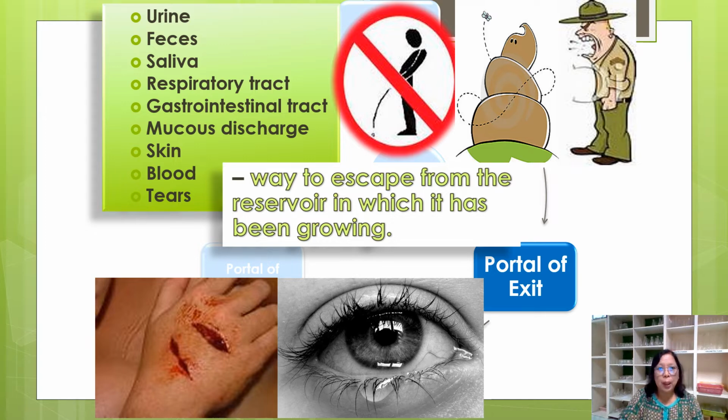Just the same, our gastrointestinal tract, mucus discharge including the phlegm, a simple hiccup could also lead to the discharge of unexpected mucus. And then the skin could be a place where the microorganism could exit, the blood, and also the tears and other liquids emitted from our body, including perspiration.